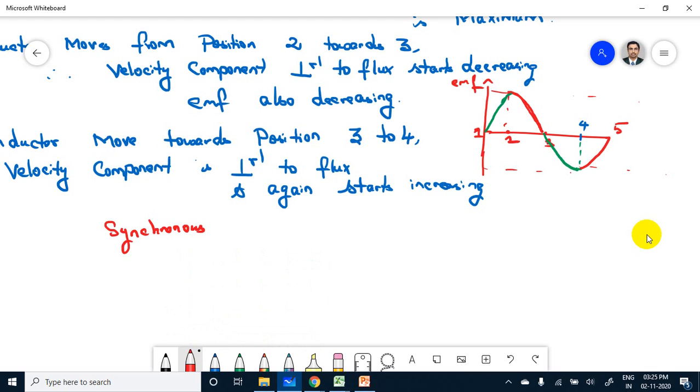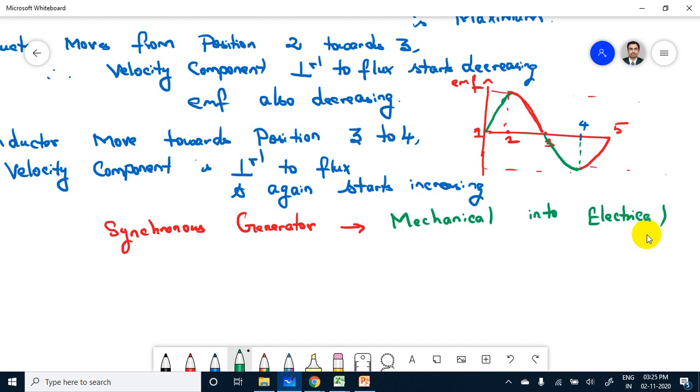What does it convert? A generator converts mechanical into electrical energy.